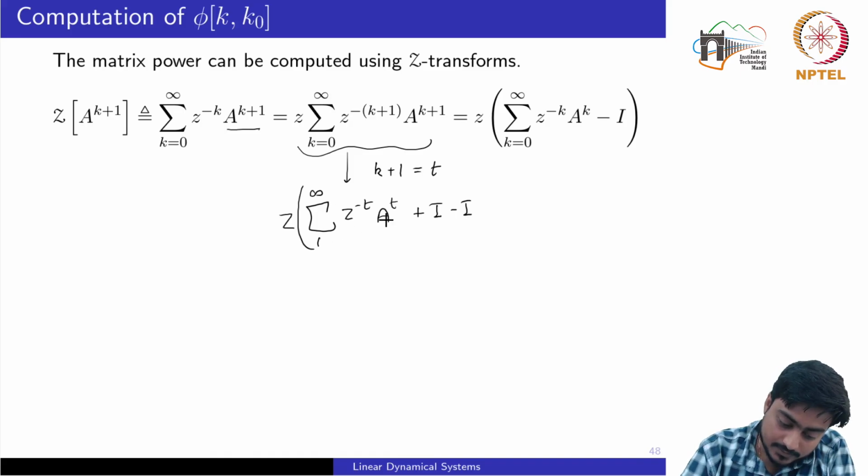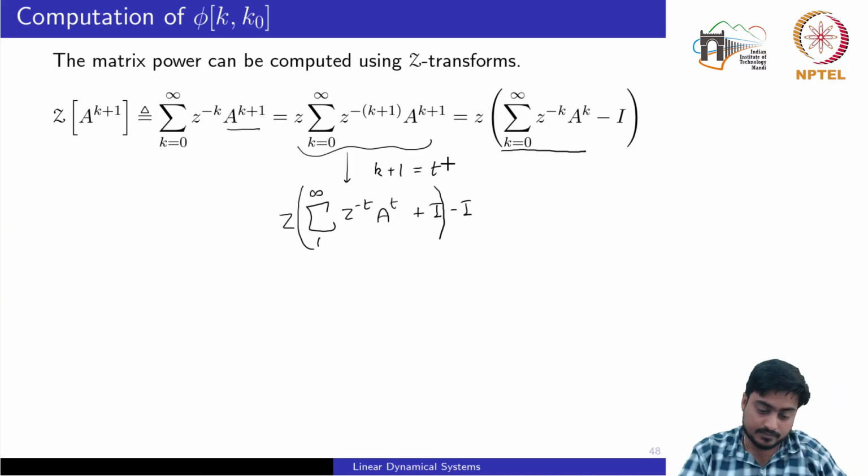Now this part I can write as this one, where I have changed the lower limit of the summation from 1 to 0. So this summation is k is equal to 0 to infinity. The rest of the part would remain the same, minus I into z.